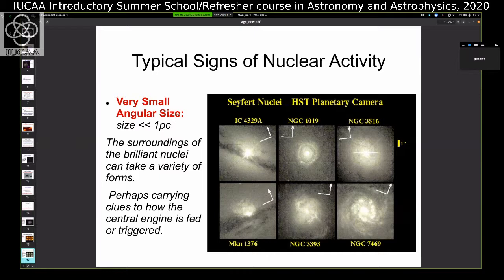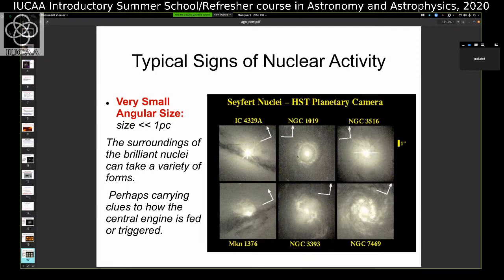These are some of the images of active galaxies taken with the Hubble Space Telescope. And you see, for example, in the case of IC 4329, there is a very bright nucleus. In fact, in all cases, there is a very bright nucleus, and the host galaxy is clearly distinguished. And not only that, there are some features. For example, in IC 4329, there is a dust lane passing through the central region.